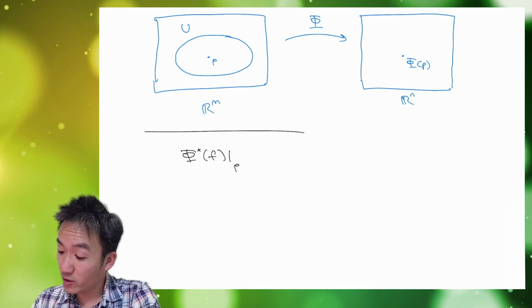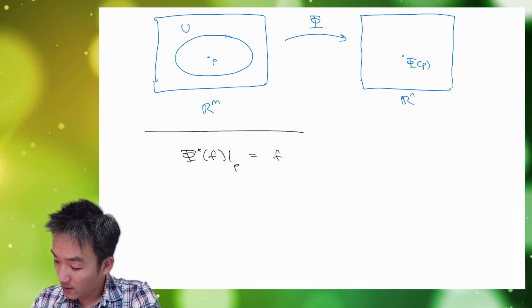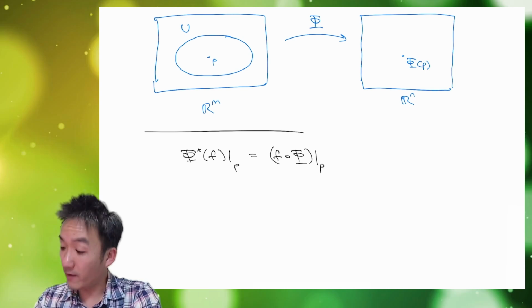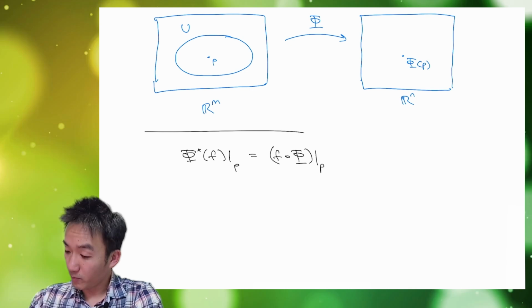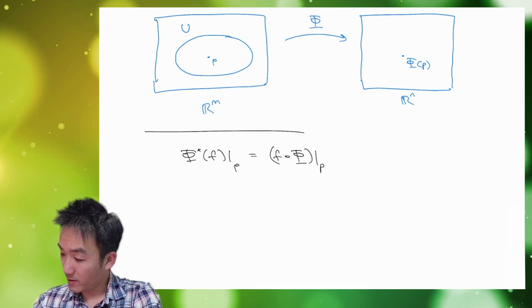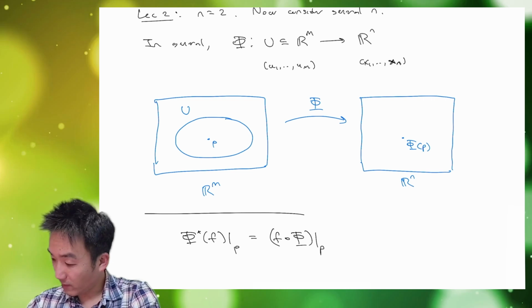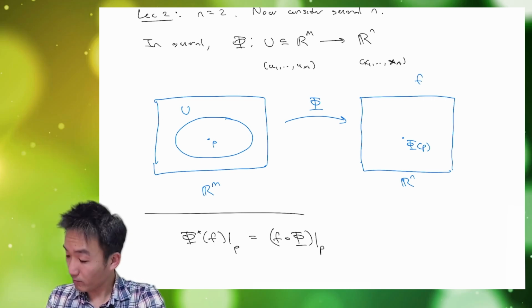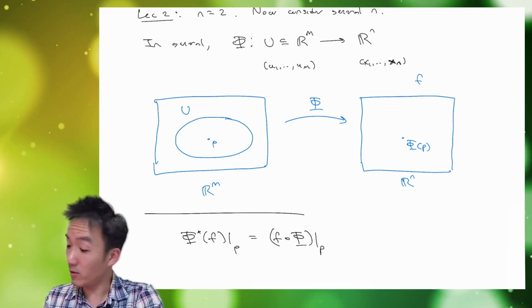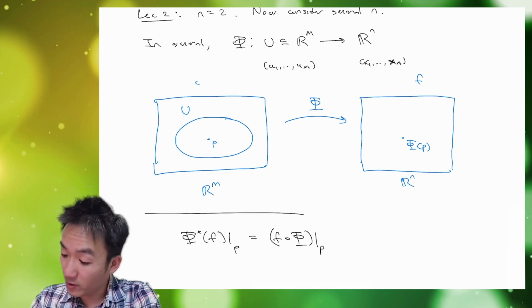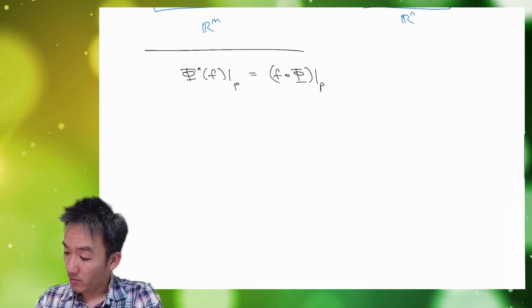If I pull back a function f defined on R^n, all I do is precompose with the map phi. So f lives over here in R^n. It maps every point in R^n to a number, and then I just pull it back. I now get a function defined on U.